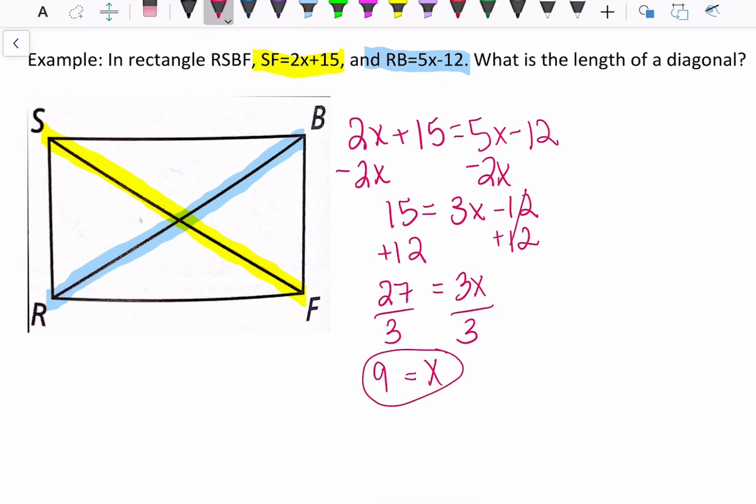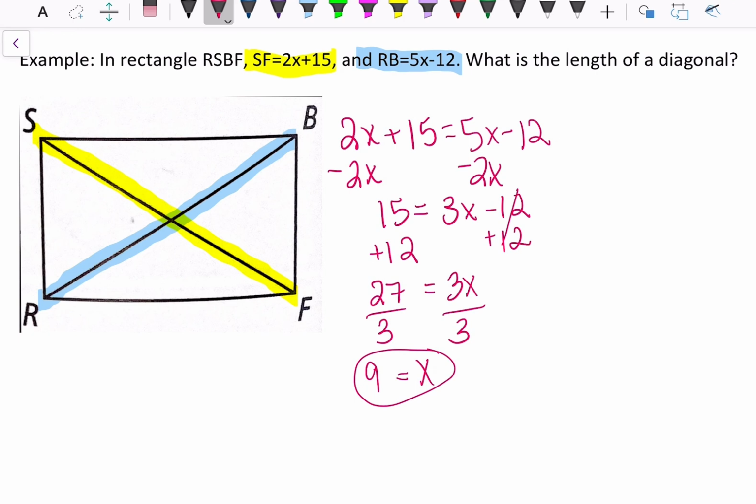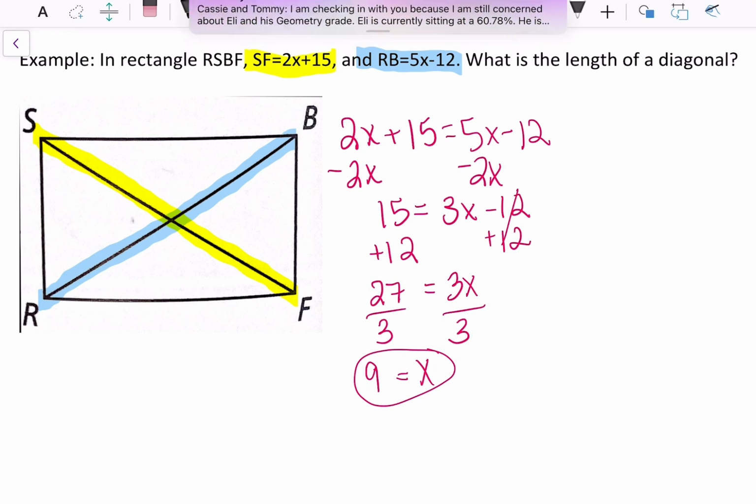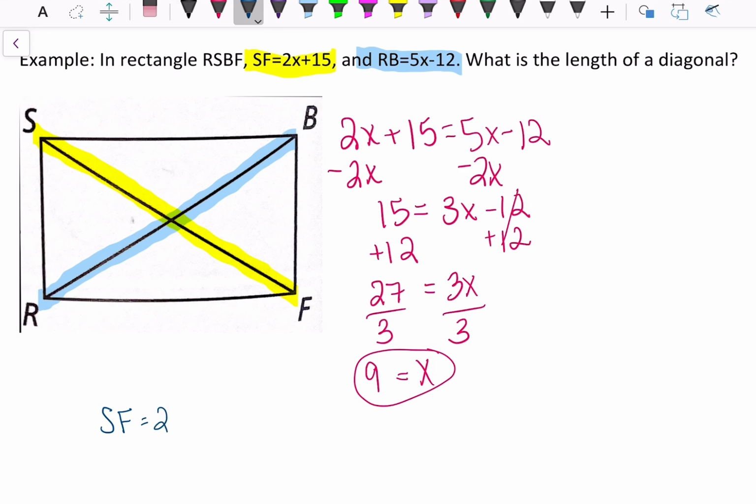Now it asked for the length of a diagonal. To find the length of a diagonal, let's say we want to find SF. Since SF is 2x plus 15, we can plug our x value in.